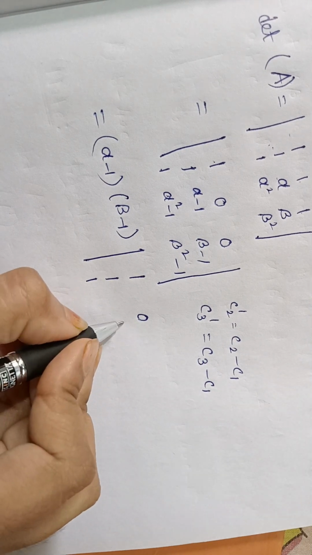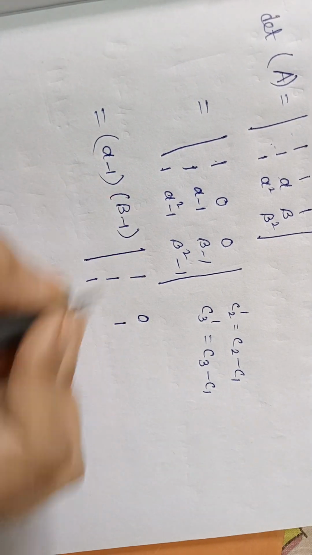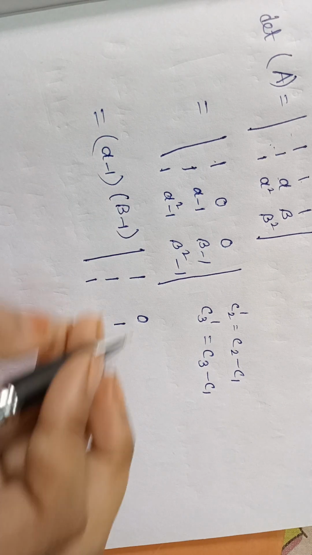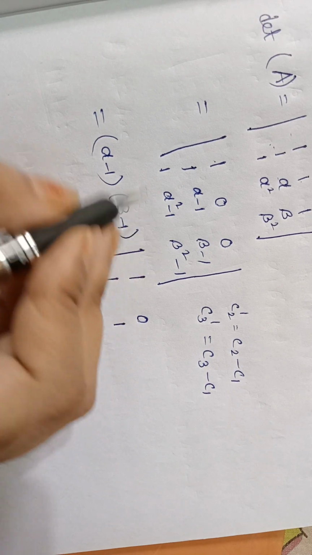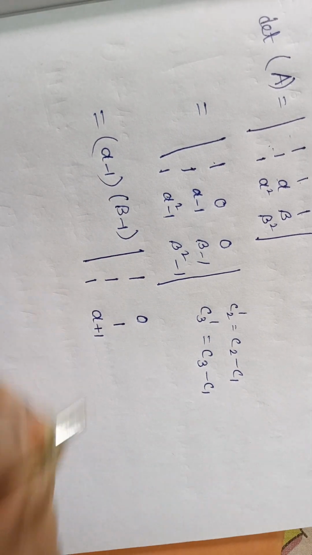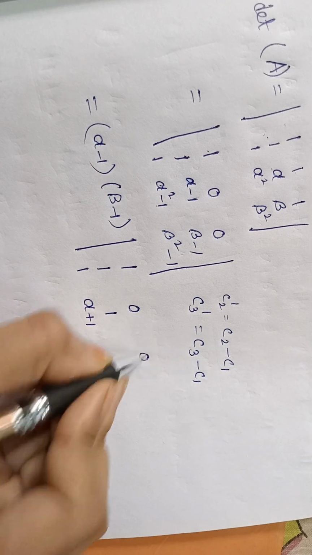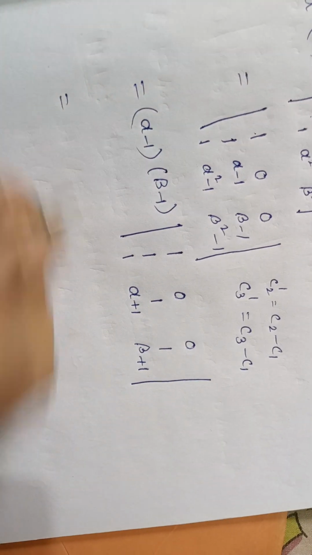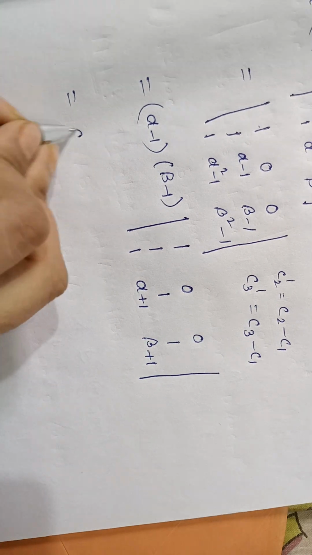So the remaining terms are 1, and here alpha square minus 1, so by the a square minus b square formula, that will be alpha minus 1, alpha plus 1. Alpha minus 1 is already taken common, so alpha plus 1 is the remaining term. Similarly here also beta plus 1. So this is the simplified form.